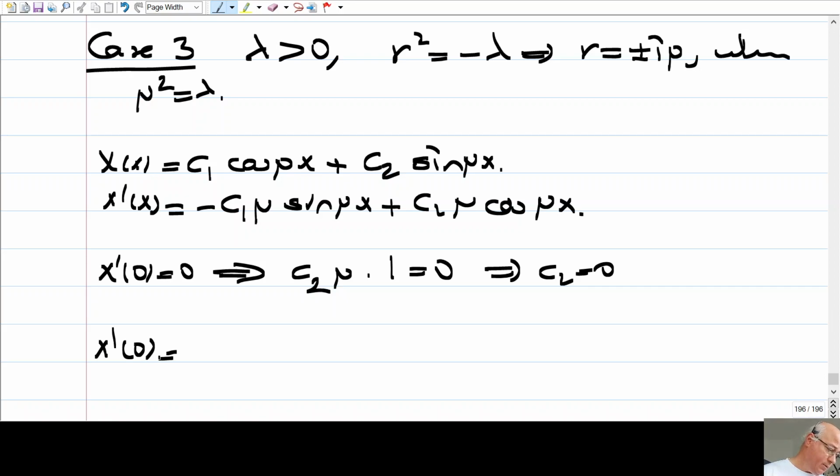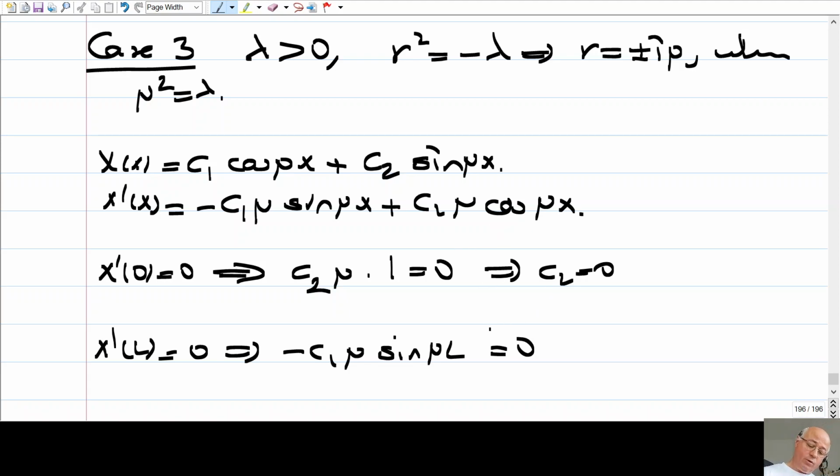And this one gives us what? I plug L. So minus C1 mu sine mu L is equal to 0.